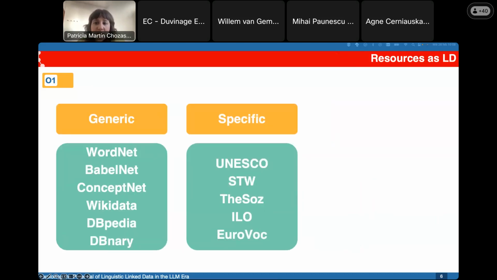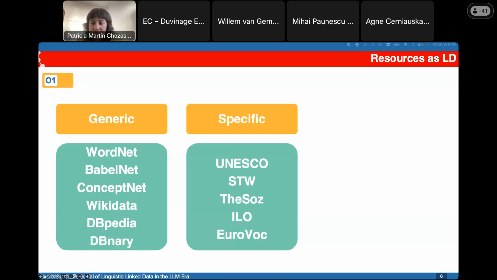Let's see now some examples of language resources as linked data that you may already know. On the one hand, we have resources from the general domain, such as WordNet, BabelNet, ConceptNet, Wikidata, Wikipedia, or DBnary. On the other hand, we have domain-specific resources, and we can find resources of very varied domains: medical, legal, sports.